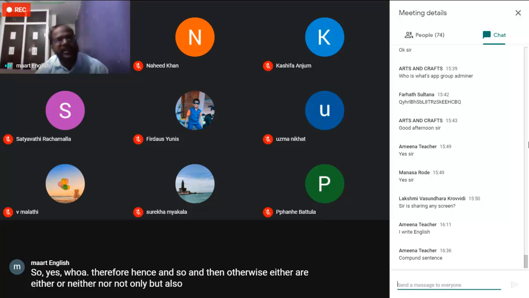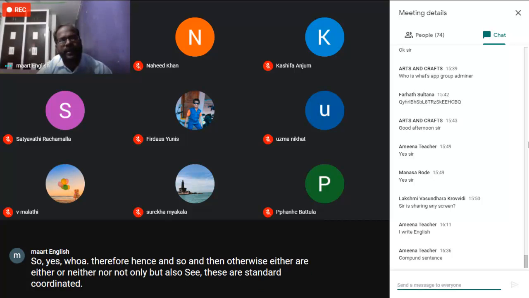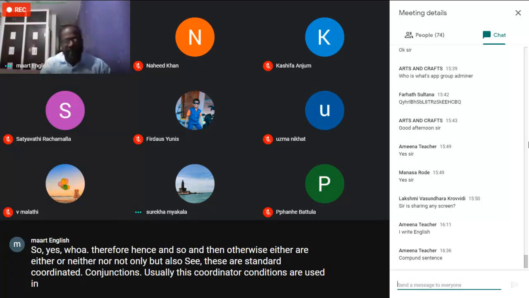See, these are standard coordinative conjunctions. Usually these coordinative conjunctions are used in compound sentences.